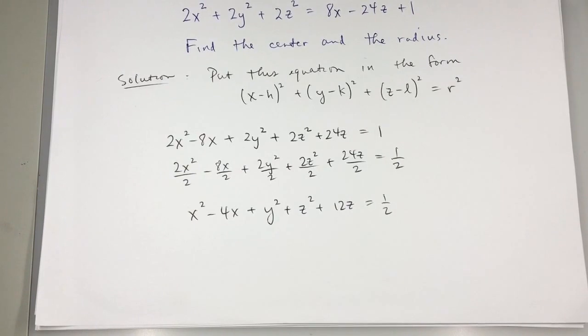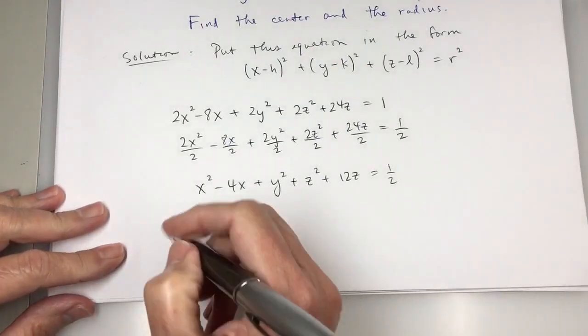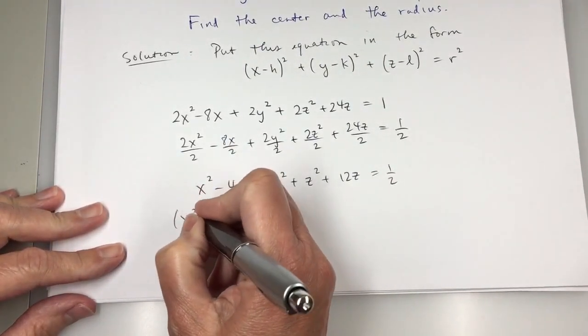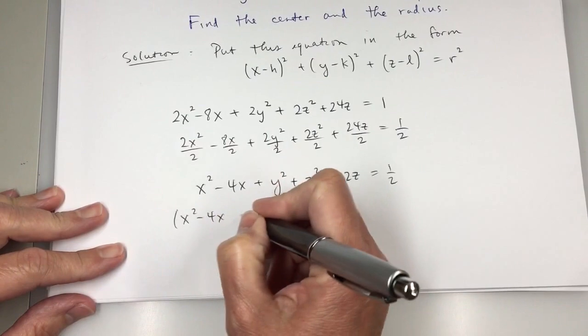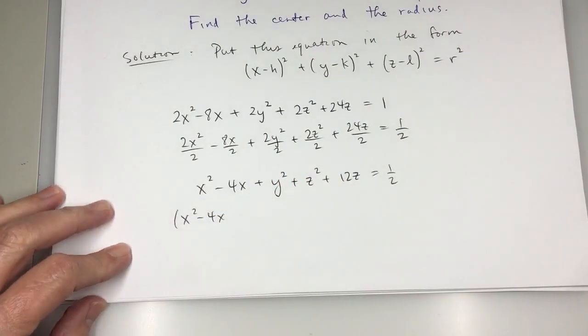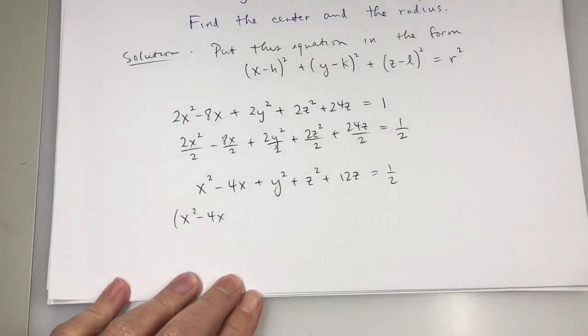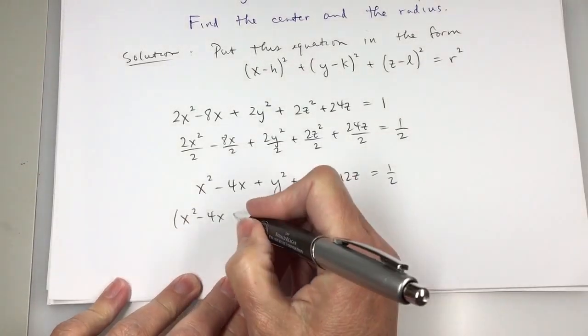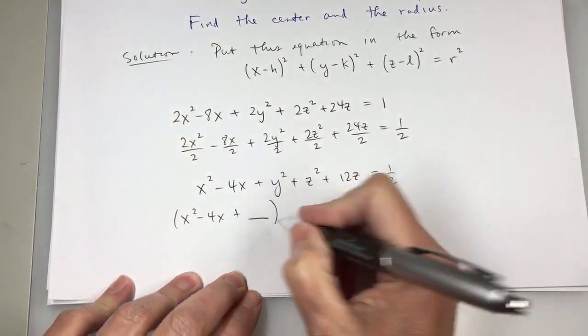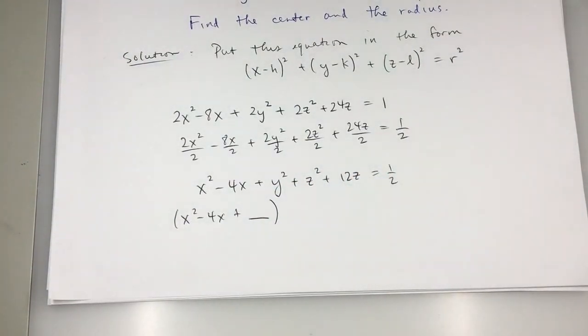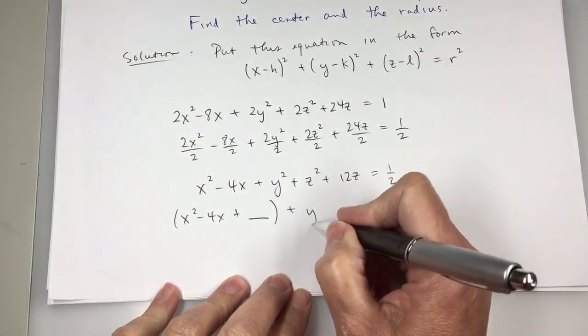Then comes the complete the square step. I like to do it this way. x squared minus 4x, I'm going to group those together, plus some blank, a number that will let me factor that into a perfect square. Now y squared, I don't have to worry about.